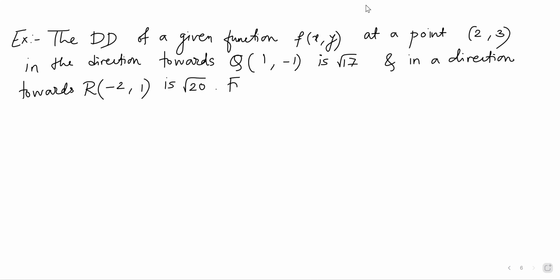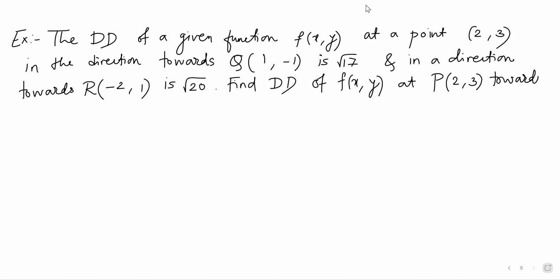The question is, find the directional derivative of f of x y at the point P (2, 3) towards the point S (6, 2). Now here actually f of x y is unknown.